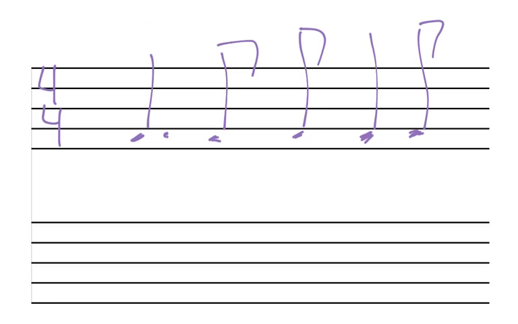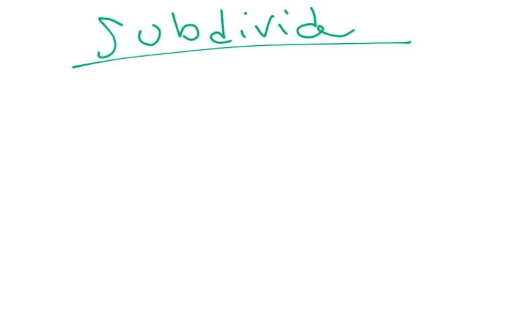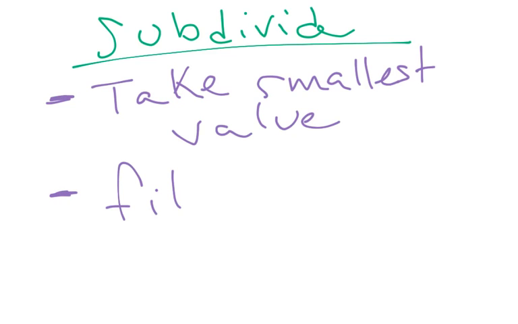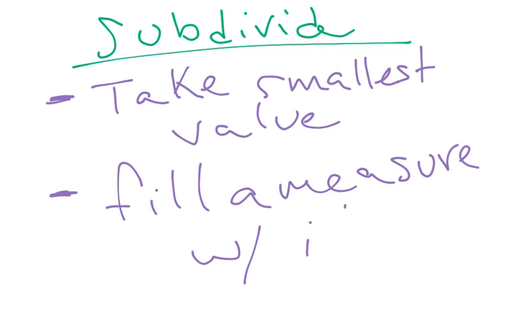What subdividing is, I said that you're going to take your smallest, right? Let's write that out real quick. You're going to take the smallest value and fill a measure with it.